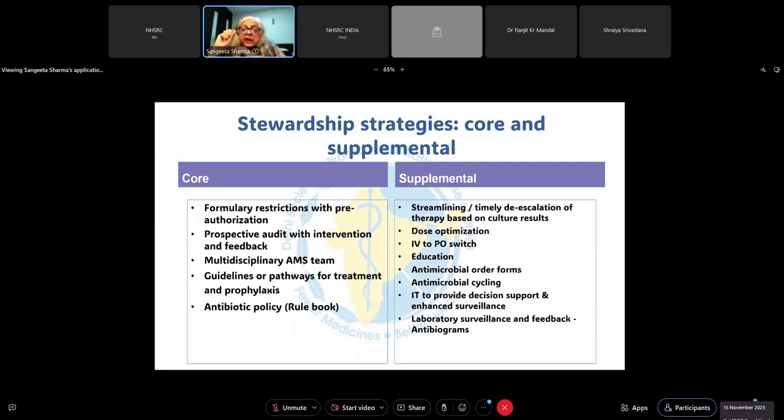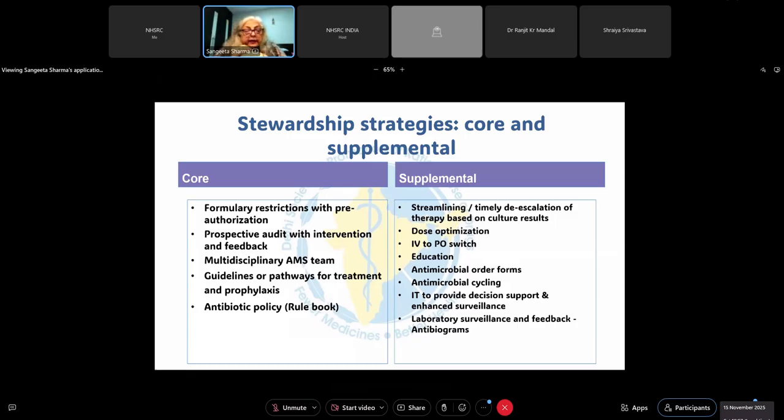Amongst the core strategies in stewardship is that we should follow the standard treatment guidelines. Antibiotic policy is nothing but a rule book which decides which type of patients get a particular antibiotic, for how long, who can prescribe, and when the samples for microbiological diagnosis should be drawn. So the rule book talks about that.